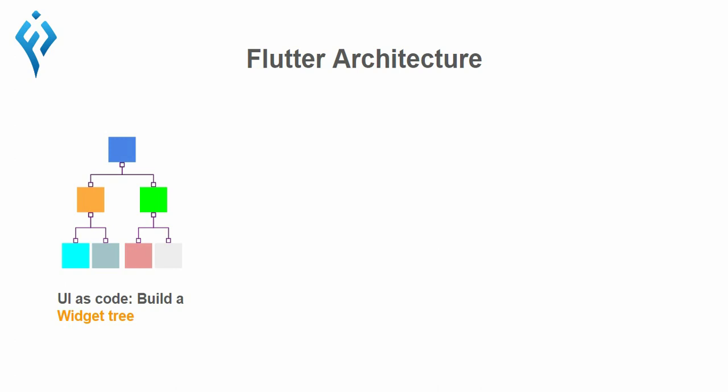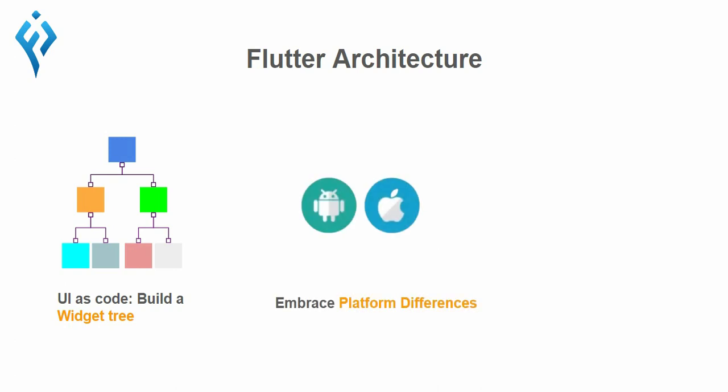And the other cool thing about Flutter is that it embraces the platform differences. After the core idea of how you build your applications in Flutter, this UI as code approach, it is also important to understand that Flutter apps do actually embrace the platform differences while being based on one code base. So we just have to work on a single project, but we still have the ability to create different user interfaces in some parts of our applications if we need it for different platforms, as Android and iOS are not exactly the same.